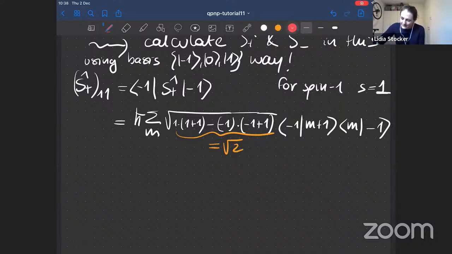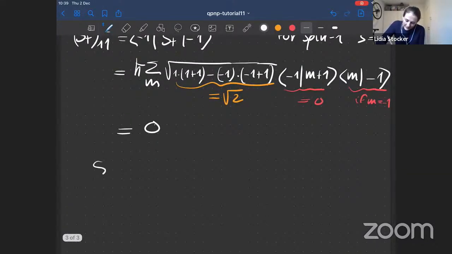And for any combination, if this is unequal 0, this means that m will be minus 1, and this will give then 0. If m equal minus 1, this will return 0. If here we want a non-zero element, we need m equal minus 2, which doesn't exist in a spin system. Anyway, one of these two terms must be 0. So this element is 0.